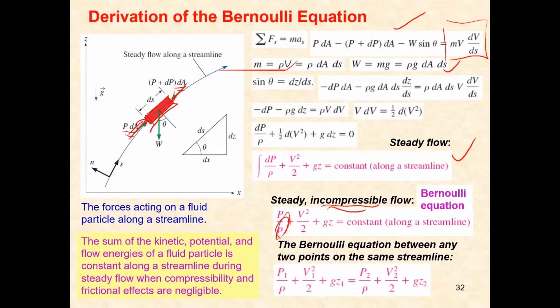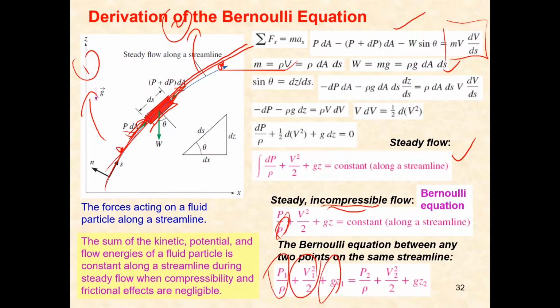And the Bernoulli equation applies between two points on the same streamline. So we take this line, for example, as a streamline. From one point to another, the total energy is the same. The energy at point 1 and at point 2, as long as they lie on the same streamline, the total of the flow, dynamic and kinetic energy and the elevation or potential energy, are the same; it's conserved.